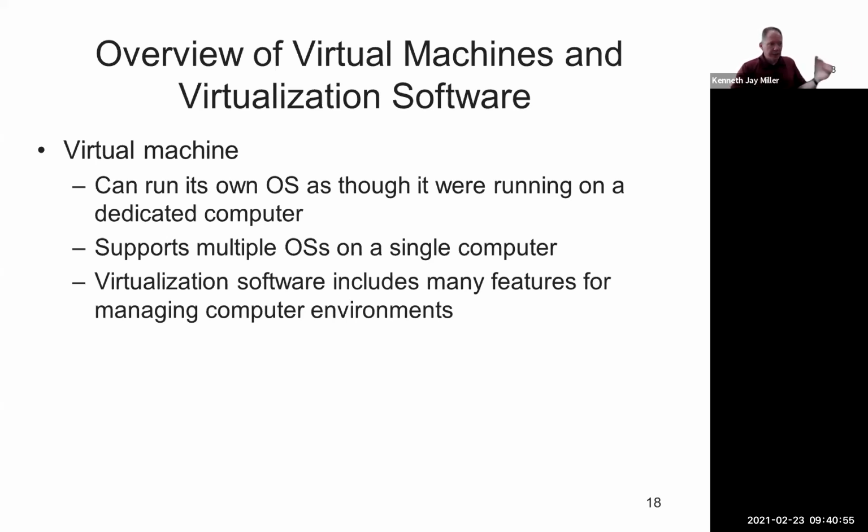We'll look at VirtualBox, we'll look at ESXi, we'll look at Hyper-V, we'll look at all these different platforms, and you'll find out that some of these systems are more friendly to more operating system types or versions than others.